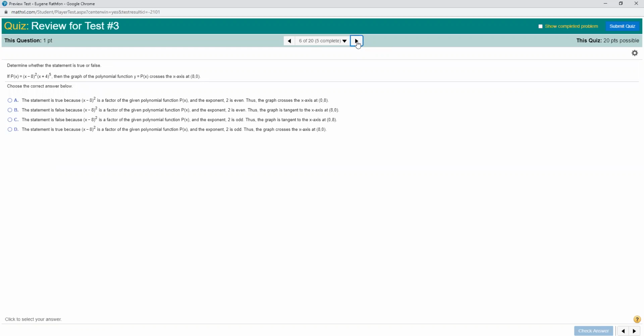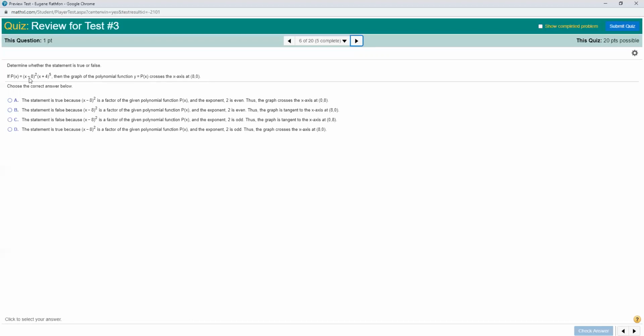So true or false? They give me a polynomial, x minus 8 squared, x plus 4 to the 5th. Then it's telling me y equals p of x crosses the x-axis at 8, 0. What do we think about this? They're playing with this factor since they're talking about the 8.